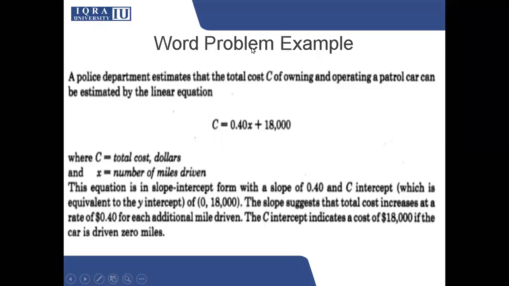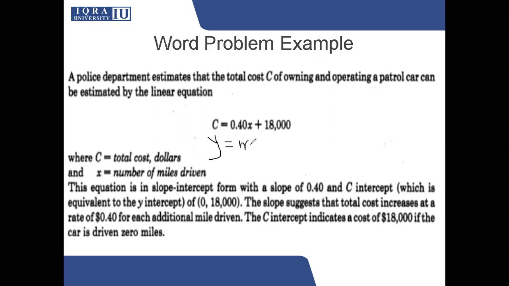Now what you can do is compare this with the general equation of a line y equals mx plus c. Remember, I told you that the variables can be something else. It's not necessary that we use the variables y and x, right? We can have a and b, we can have c and d, right?